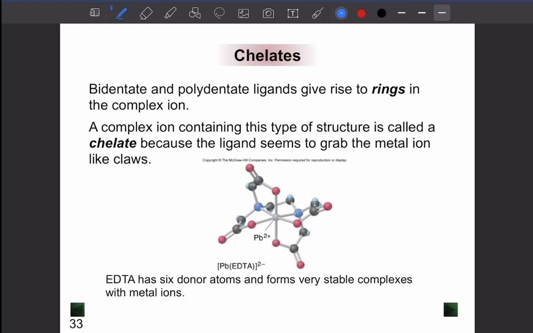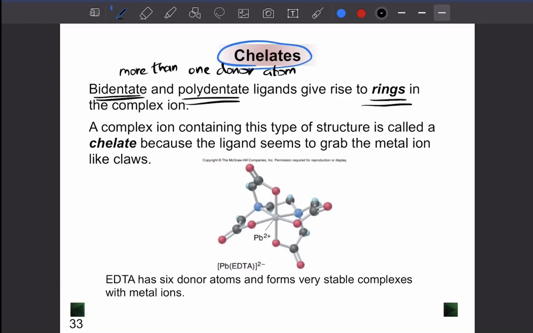Next, let's look at chelates. So bidentate compounds and polydentate compounds, because they have more than one donor atom, they give rise to ring structures in the complex ion formation.